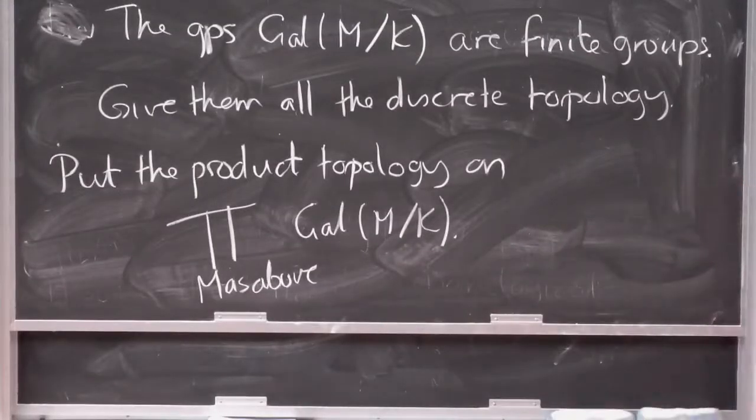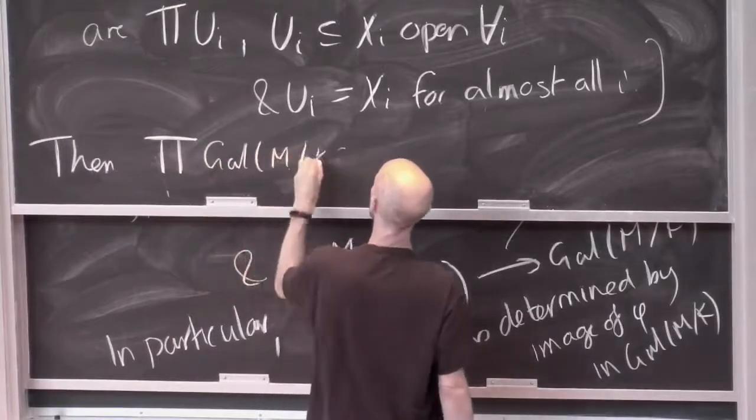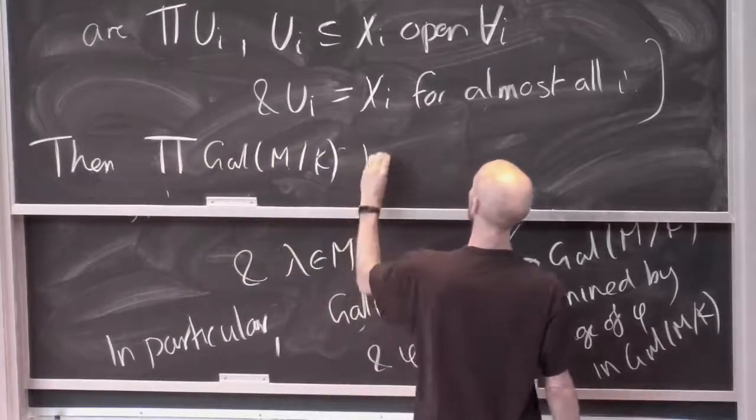That's Tikhonov's theorem. So this is a compact topological space. Then this product of Gal(M/K) becomes a topological space.